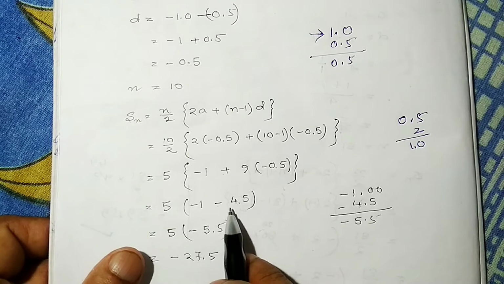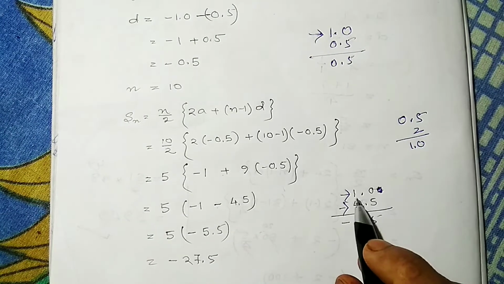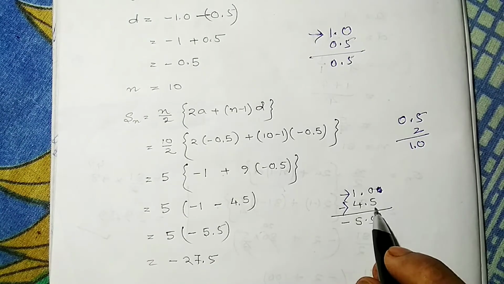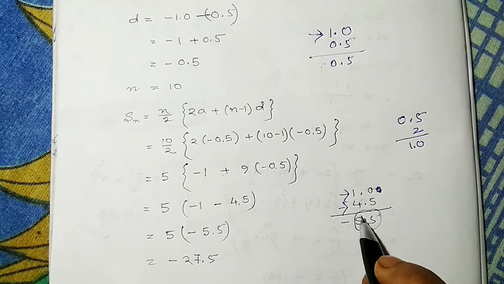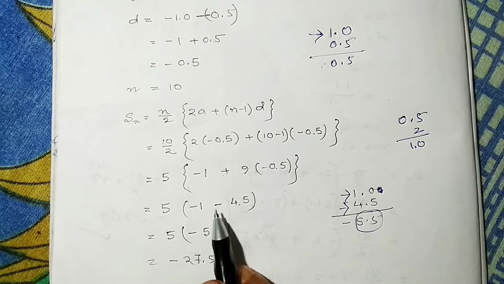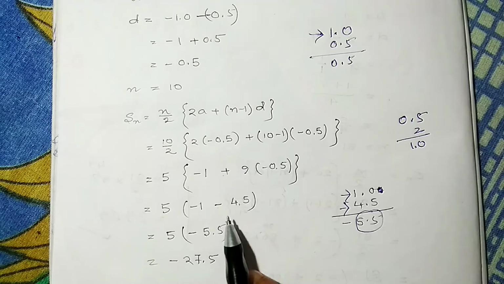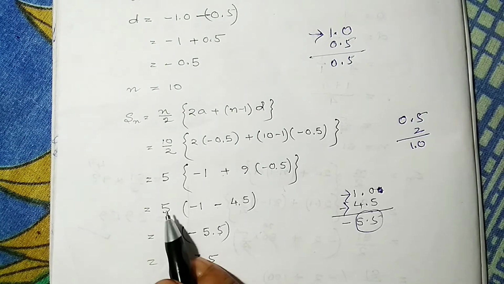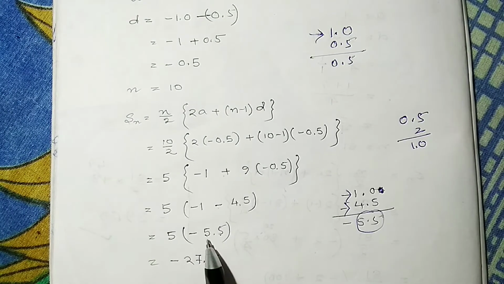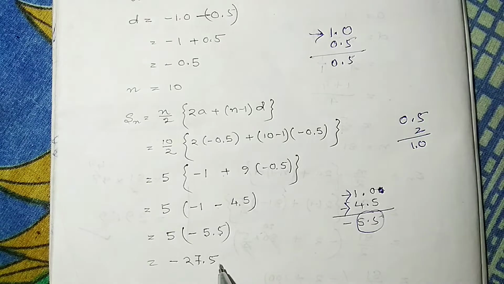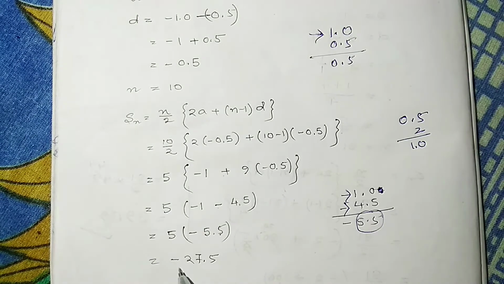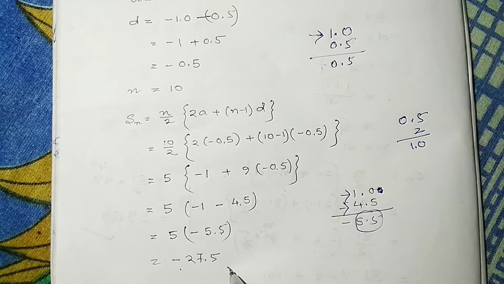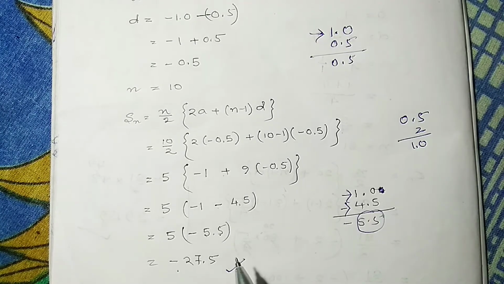So minus 1 minus 4.5: 1 means 1.0 and 4.5, we got 5.5. On adding these two, though the minus sign is there, we have to add, and we got minus 5.5. And here you got 5. 5 into 5.5 is 27.5, and because of the minus, we have written minus. So minus 27.5 is the sum of the given series.